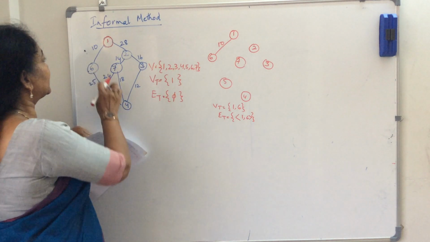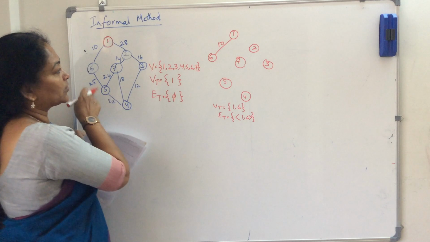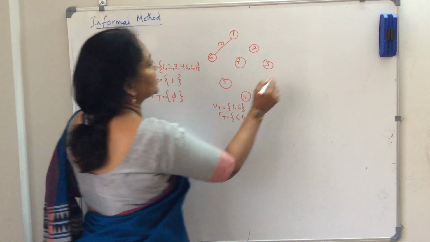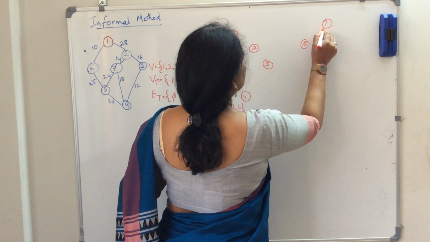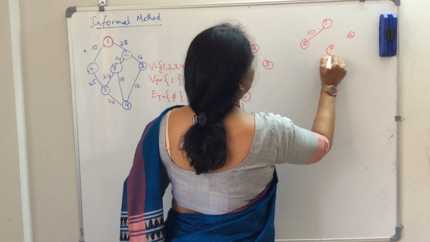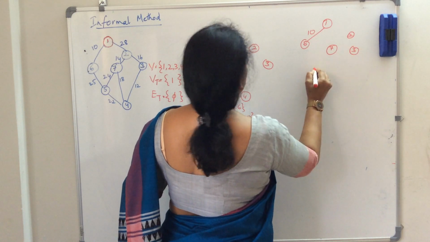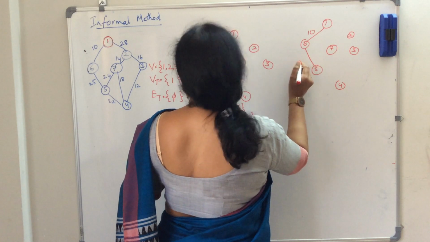So 6, 5 and 1, 2. 6, 5 is the minimum cost edge. So in the next stage, you have to draw the diagrams in each step. 3 and 5, this is 4, and now we have selected this.